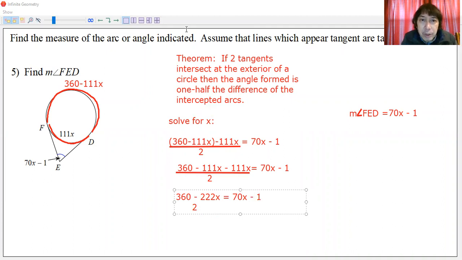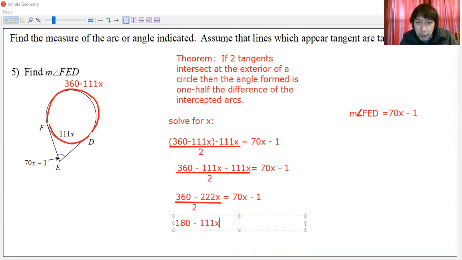Now division: 360 by 2 is 180, and 222 divided by 2 is 111x, which is equal to 70x minus 1.